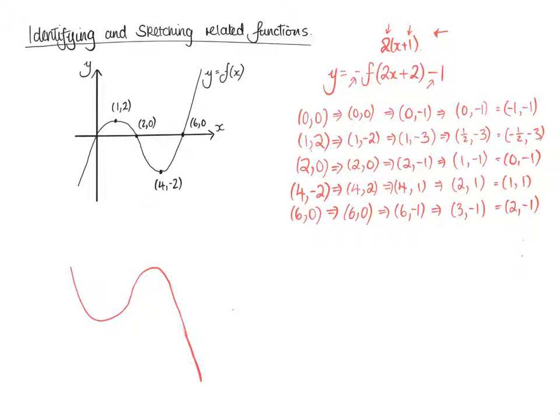Okay. So our first point, which was 0, 0, has now become -1, -1. So we have -1, -1. Our next point, which was 1, 2, has become -0.5, -3. Our next point has become 0, -1. So that's -1.